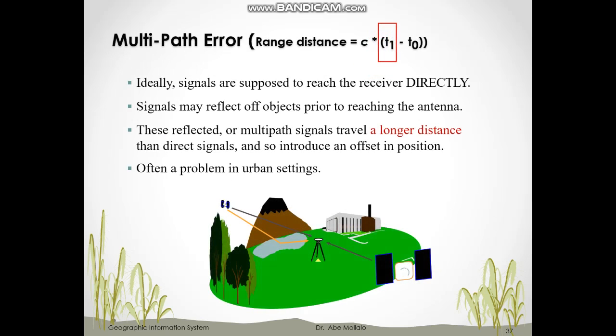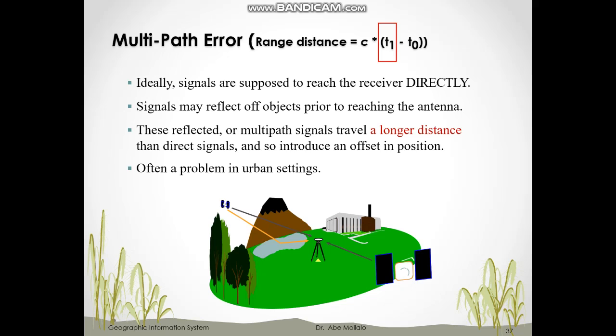In addition, there is another type of error called multipath error. What is that? Ideally, the signals sent from satellites are supposed to reach the receiver directly. So that's how we actually apply this equation. But in practice, the signals might be reflected by the ground, by the mountains, by the trees. So this reflected multipath signal travels a longer distance than the direct signal and introduces an offset in position.